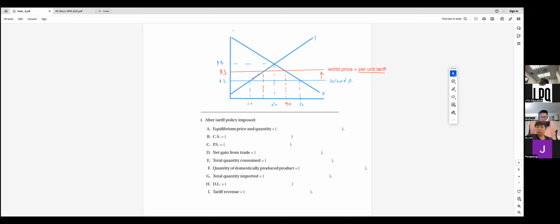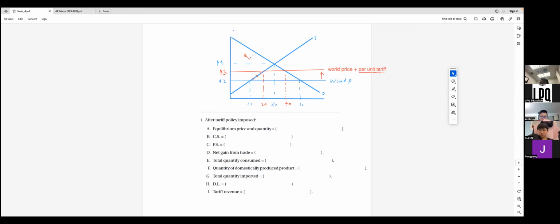But the positive effect is domestic producers now can produce more. Let's say increase from 10 to 20.